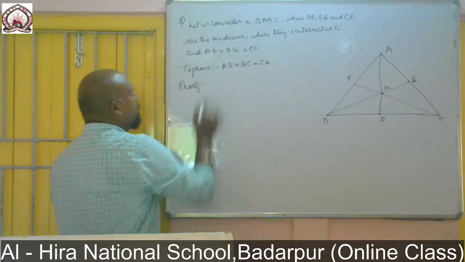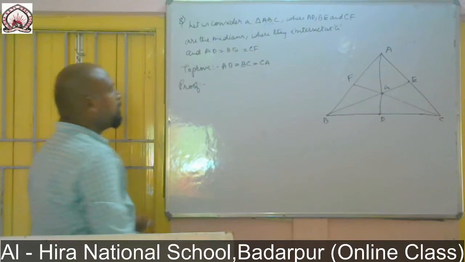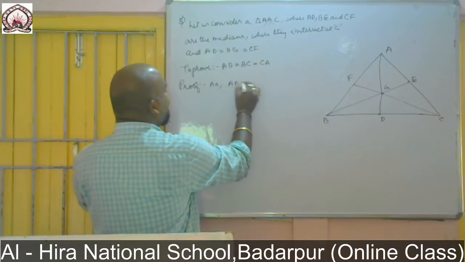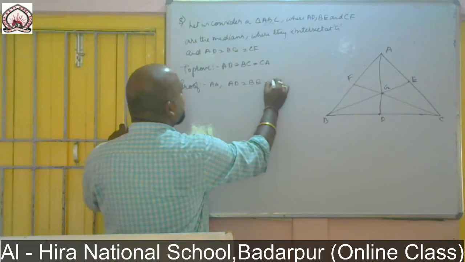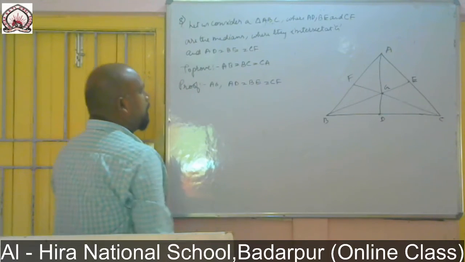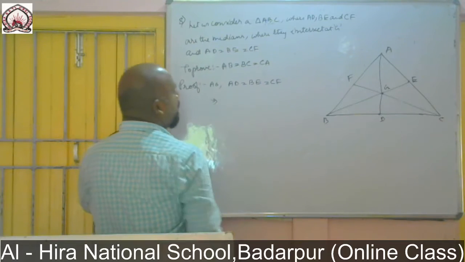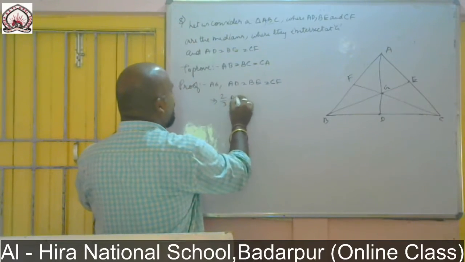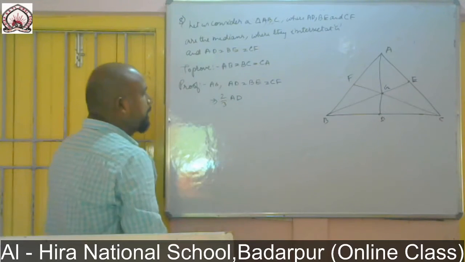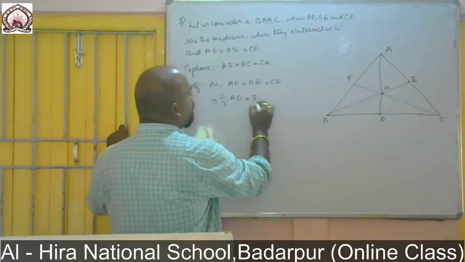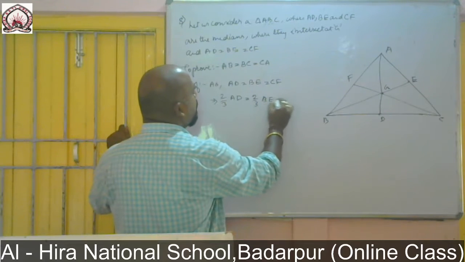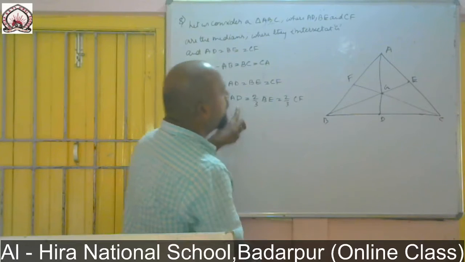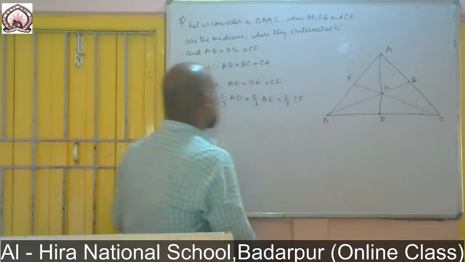Now as AD equal to BE equal to CF, then if I multiply with 2 by 3, 2/3 of AD is nothing but equal to AG.